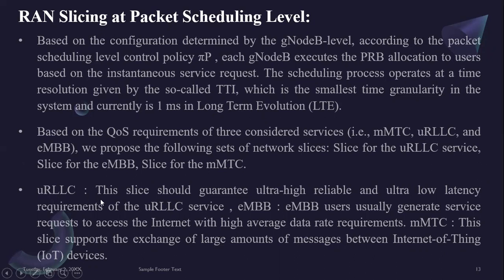URLLC: this slice should guarantee ultra high reliability and ultra low latency requirements of the URLLC service. Next, the eMBB. The eMBB users usually generate service requests to access the internet with high average data rate requirements. mMTC: this slice supports the exchange of large amounts of messages between Internet of Things devices.